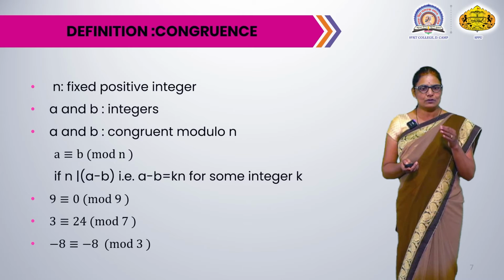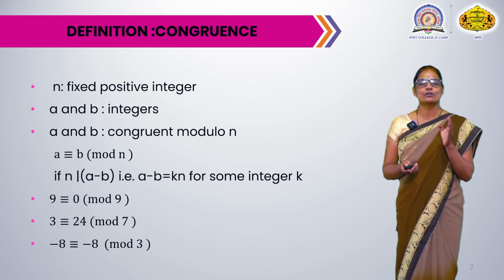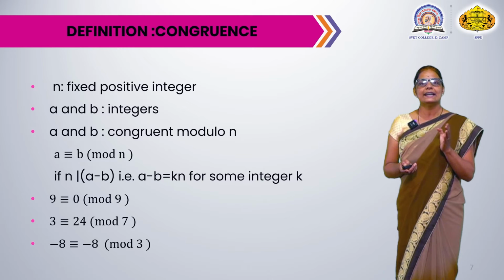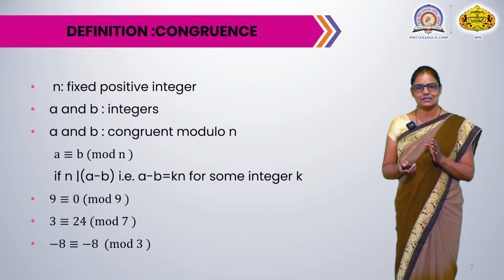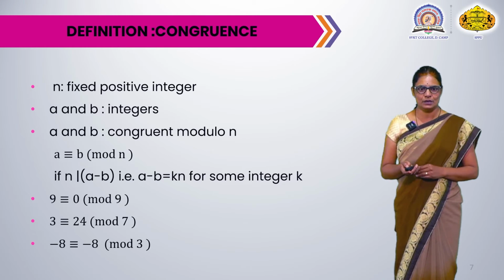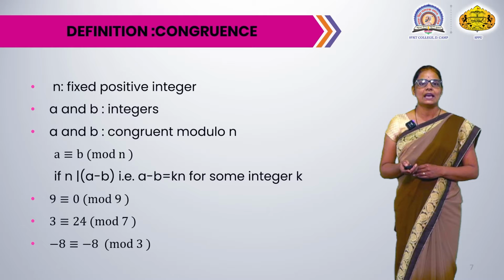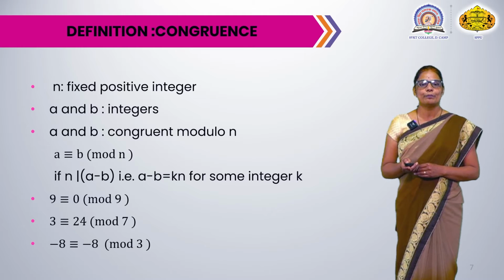Now if I say that a is congruent to b modulo n, then n divides the difference a minus b, or the difference a minus b equals k times n, where k is some integer. But if n doesn't divide a minus b, in that case we say that a is not congruent to b modulo n, or a is incongruent to b modulo n.